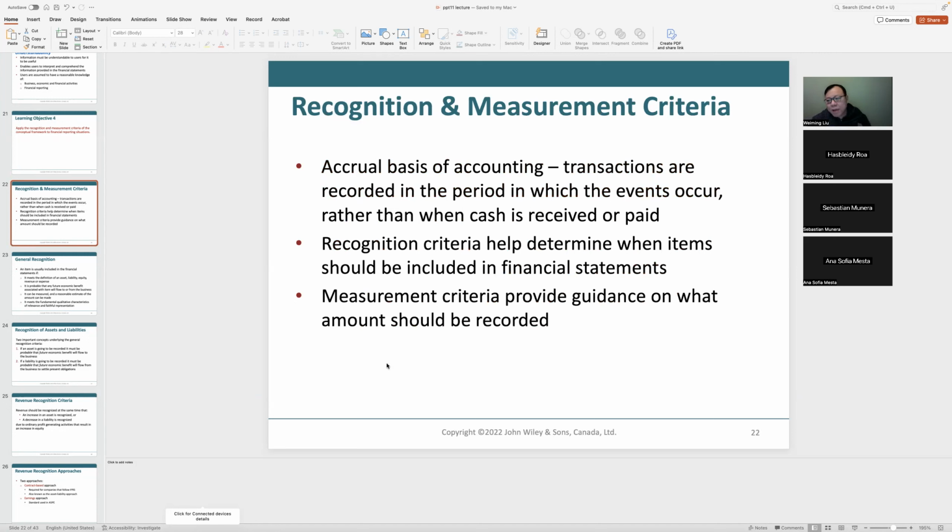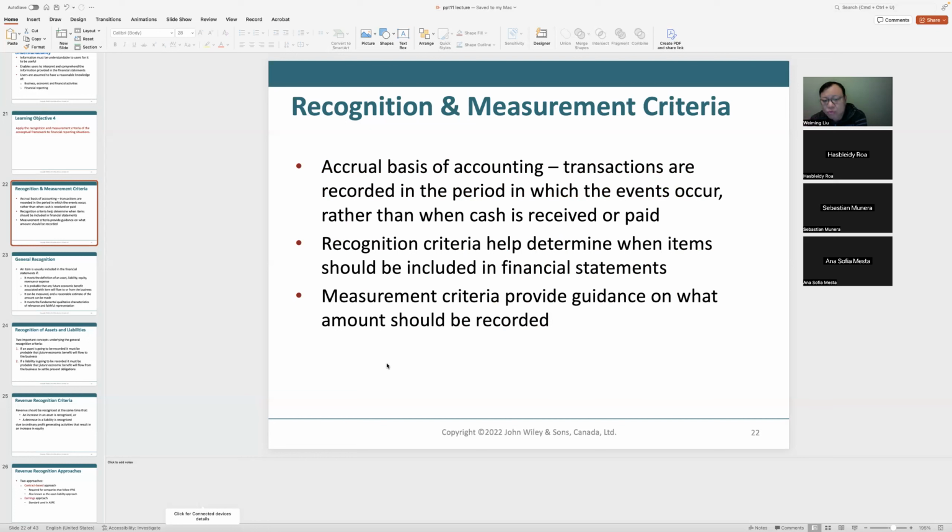Like I mentioned in the example of going to see the doctors in the clinic, recognition means you're going to recognize this item on the financial statement, and measurement means you're going to decide what is the dollar amount of that item. So first you have to be able to recognize it and then be able to measure it, okay?